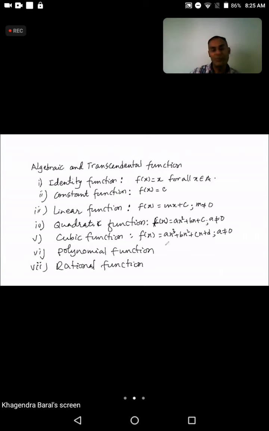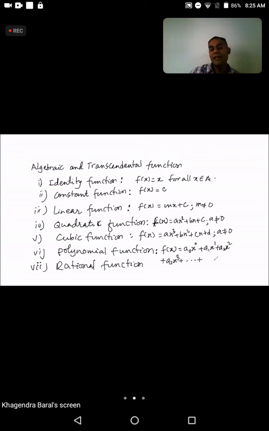And here, simply polynomial function, all these functions are polynomial functions. That we have been using here, the algebraic functions, so all these are polynomial functions. So, to cover all the types of algebraic functions, we have taken here polynomial functions. f of x is equal to a0 x to the power 0 plus a1 x to the power 1 plus a2 x to the power 2 plus a3 x to the power 3 plus an x to the power n.